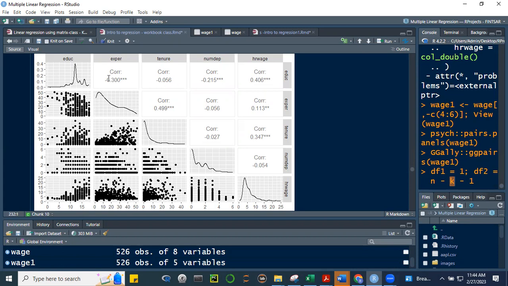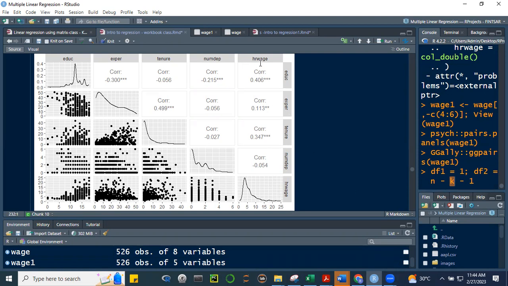So it tells us here that the correlation between experience and education is negative 0.3, and it's statistically significant. The correlation between education and tenure is negative 0.05. So this is a very small correlation, and it's not significant kasi walang star siya. Okay, so yung may mga stars dito, it tells us that the correlation between these variables are significant.